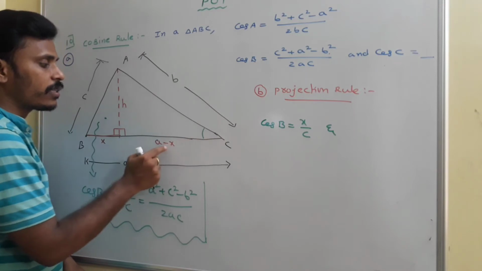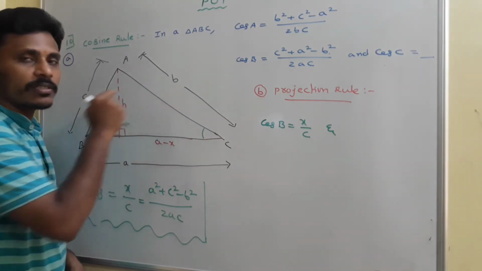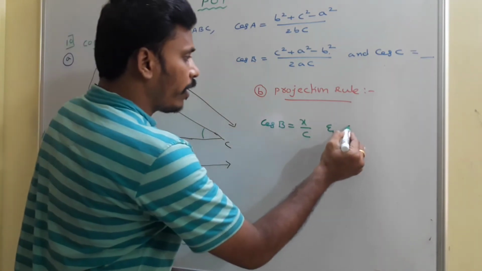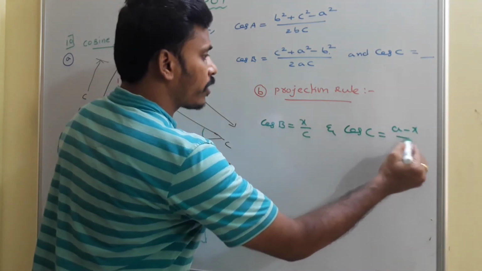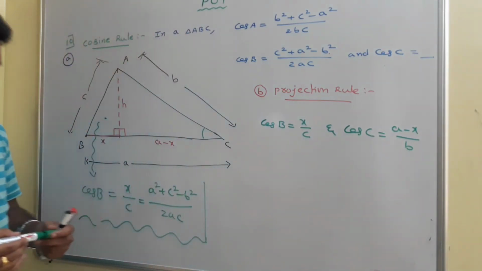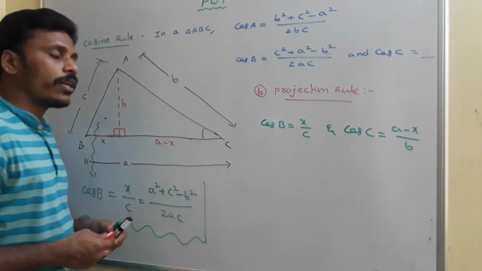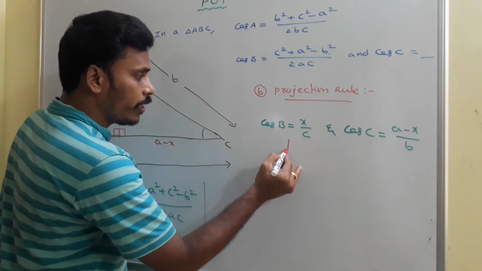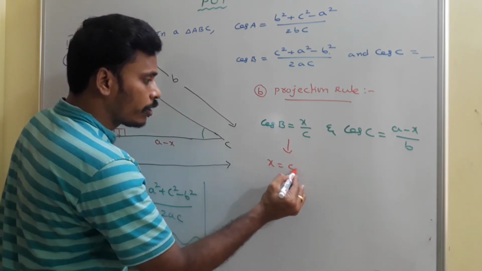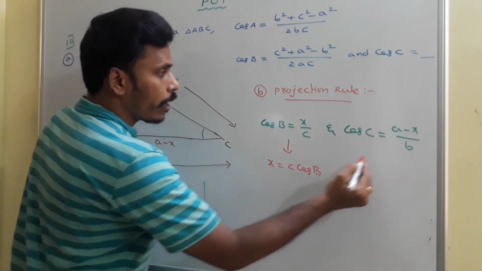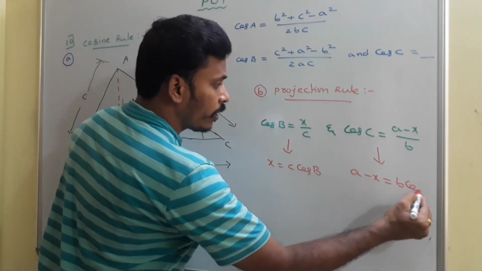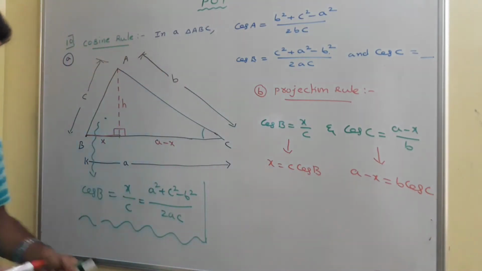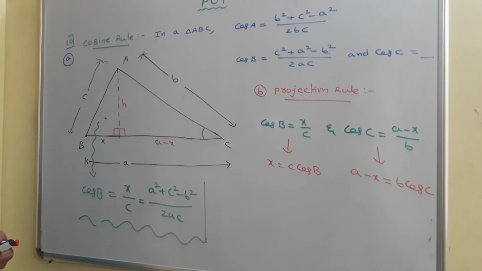The adjacent side for the angle C is a minus x, and the hypotenuse is b, so cos of angle C is equal to a minus x divided by b. Okay? From this, x is equal to c cos B, and a minus x is equal to b cos C. Just have a look.